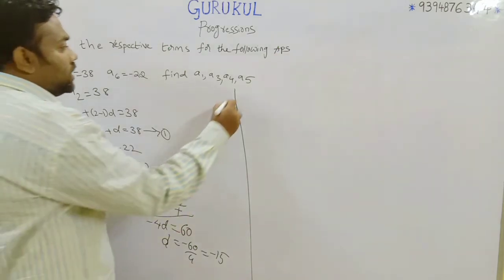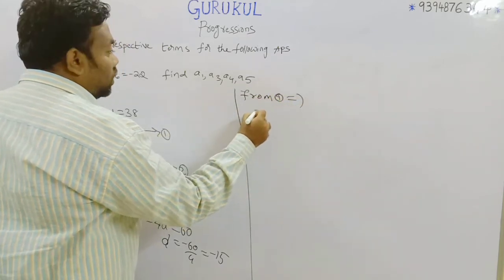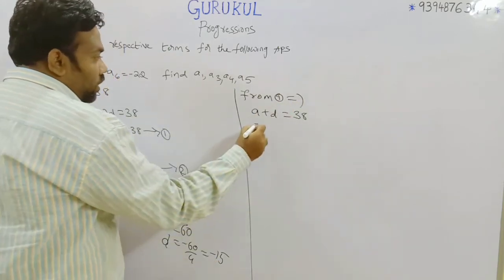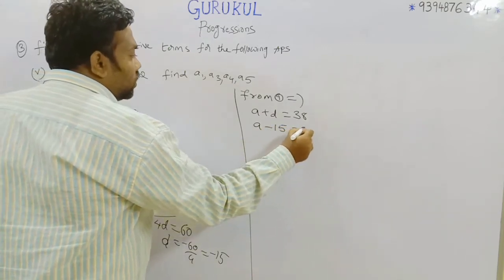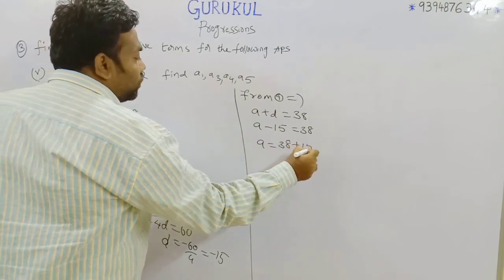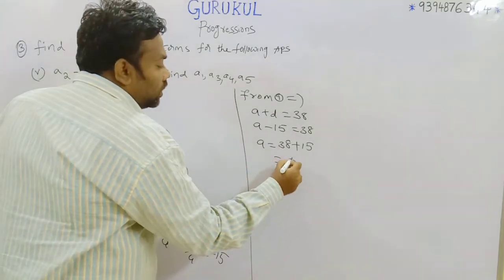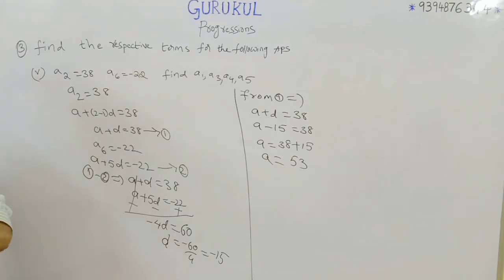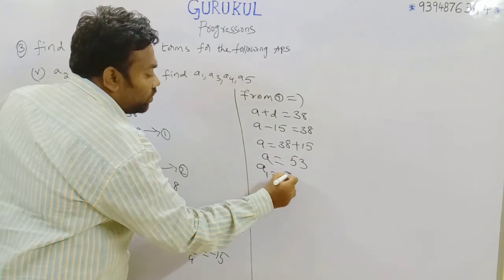Here from 1 implies a plus d equal to 38. a minus 15 equal to 38. a equal to 38 plus 15, 53. So a equal to 53. So first value is 53. So a1, first term, is 53.